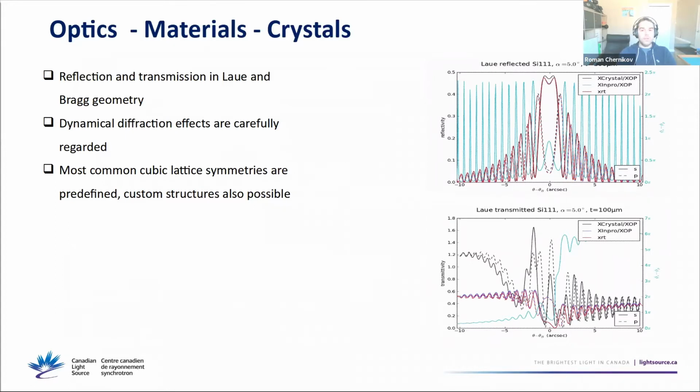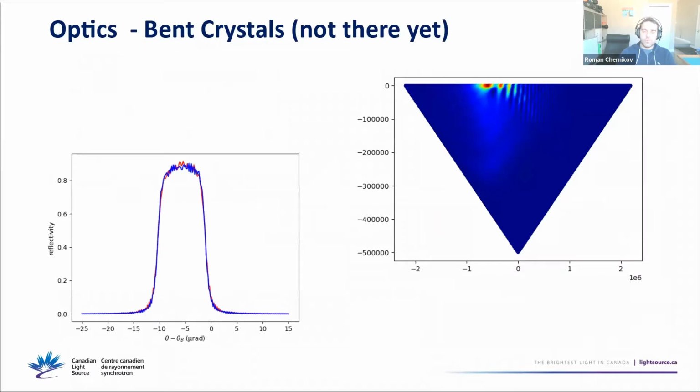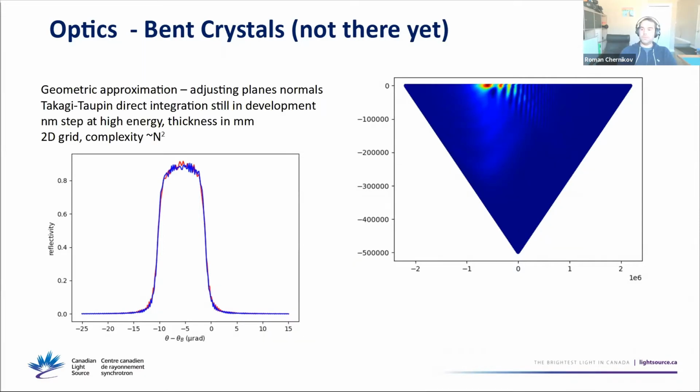And now a couple words about bending. So we use relatively simple geometric approximation. So we just calculate how the crystal lattice normals are distorted during the bending.